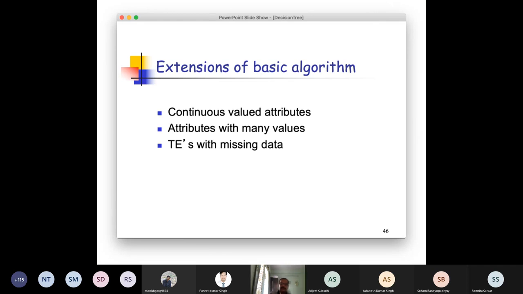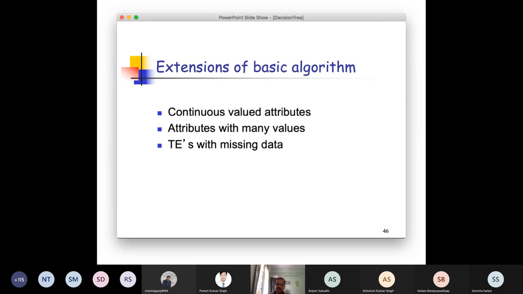Then training examples with missing data. We have always considered that every training example has labels and so on. But in practical situations, sometimes all the measurements may not be available. You may have partial measurements.